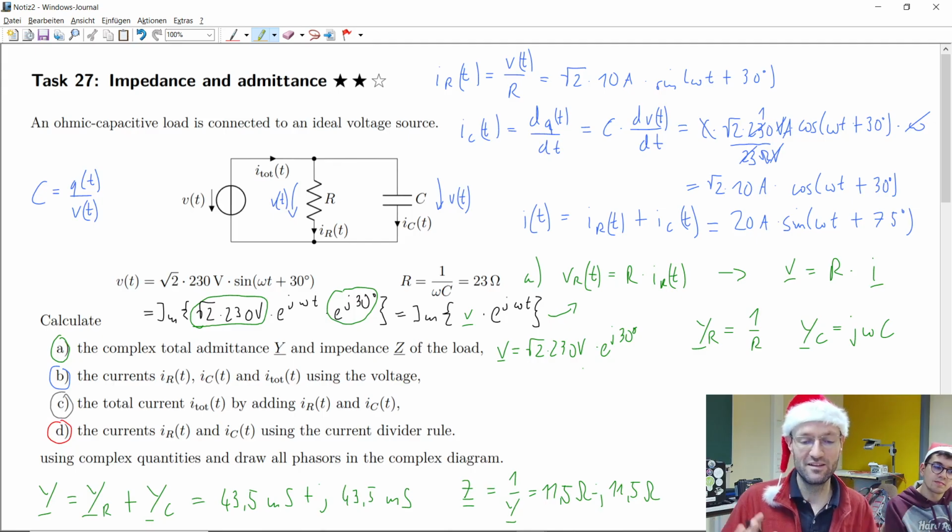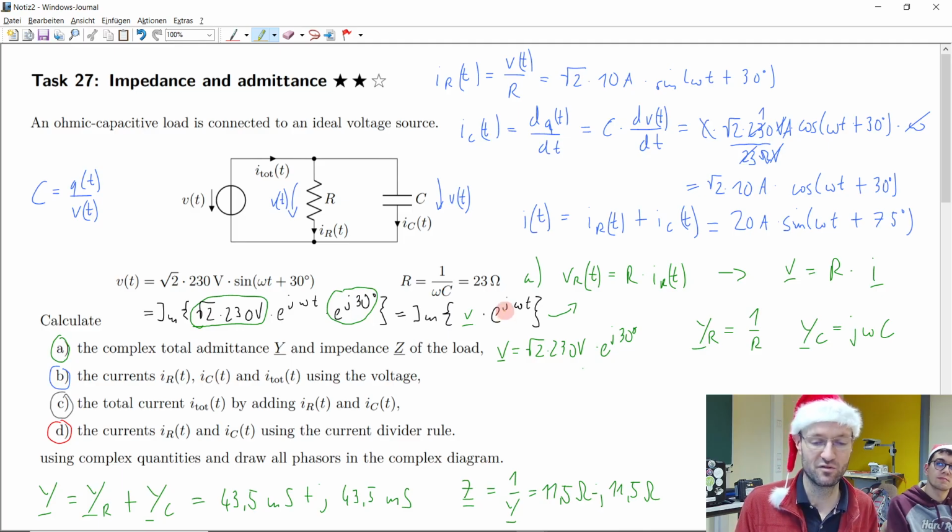The only thing is that at the beginning you need to convert from time functions into phasors. You need to convert the resistance and capacitance, let's say, into some complex impedance or admittance. Then you need to do the calculation with complex numbers. As said, if you have MATLAB or Octave, it's no problem.